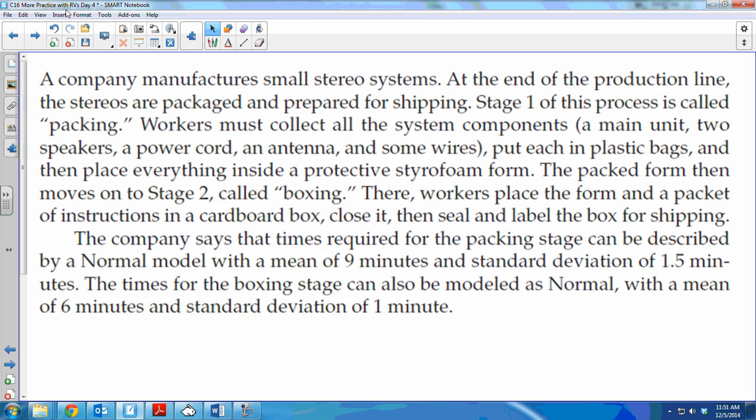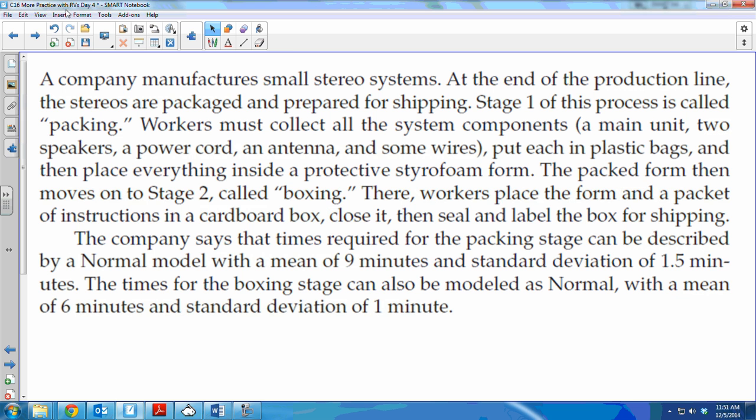Okay, and it says down here, the company says that times required for the packing stage can be described by a normal model with a mean of 9 minutes and a standard deviation of 1.5 minutes. The times for the boxing stage can also be modeled as normal with a mean of 6 minutes and a standard deviation of 1 minute. So I've got a bunch of means and standard deviations, but I don't have any probabilities like we've been having before.